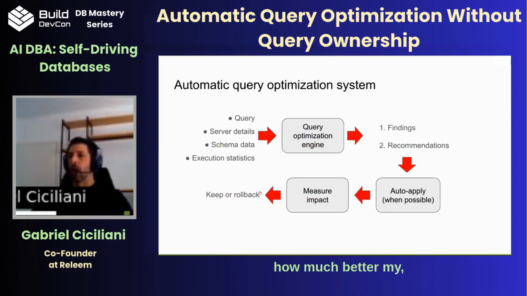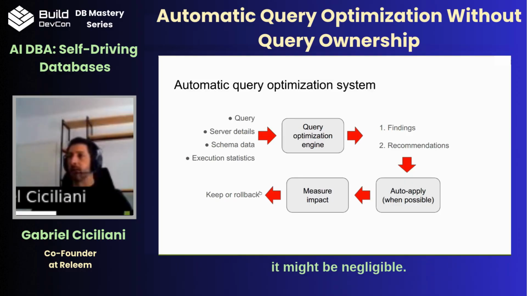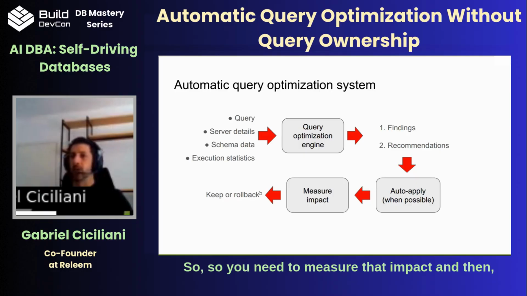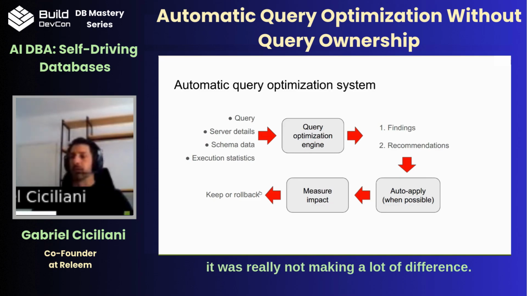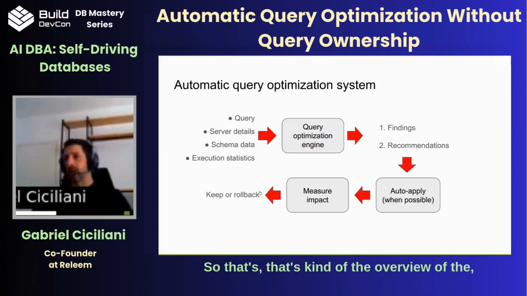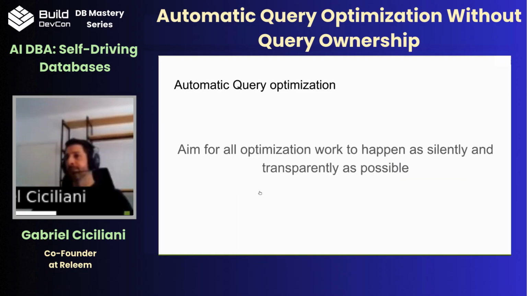Okay, how much better is my query running, right? In some cases, it might have a great impact. In some cases, it might be negligible. So you need to measure that impact and then decide if you want to keep it or roll it back because it was really not making a lot of difference. So that's kind of the overview of the optimization process.